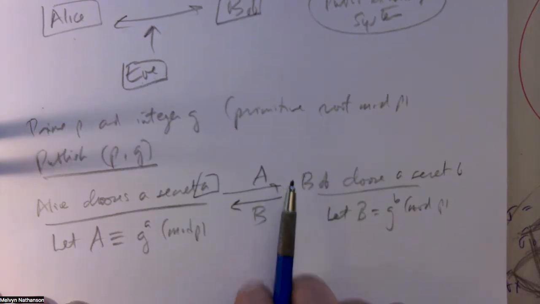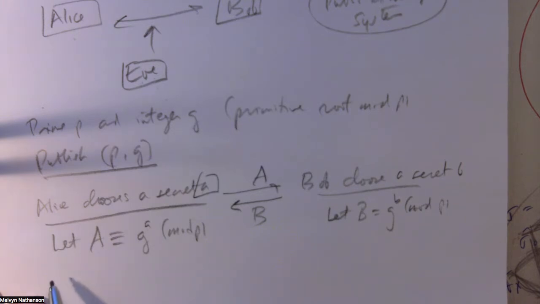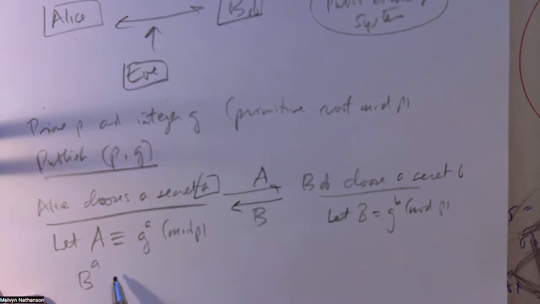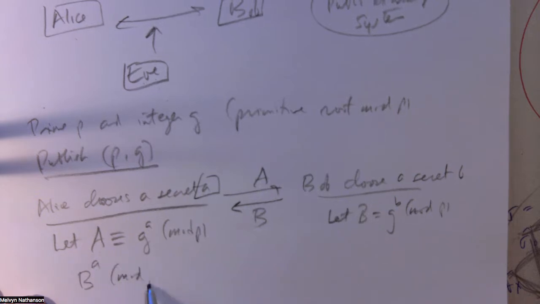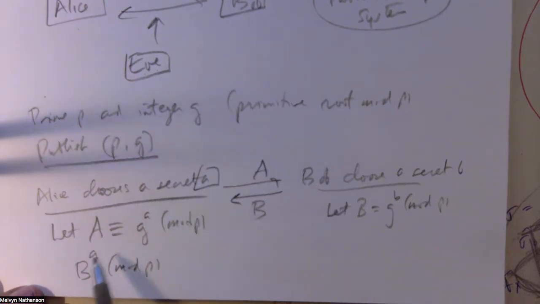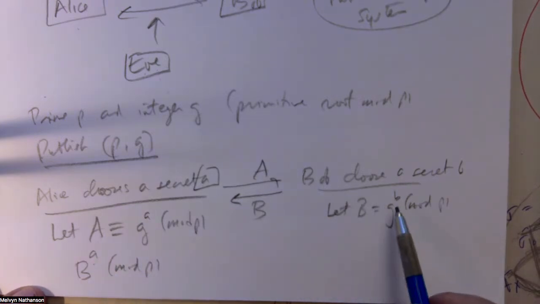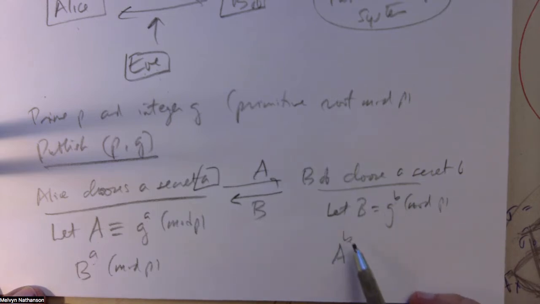Let's see, what does Alice do? Alice calculates the number Bob sent her, B, raised to the power a mod P. Alice knows the number little a, that's her secret number. And Bob takes Alice's number A and raises it to his secret number, lowercase b, mod P.